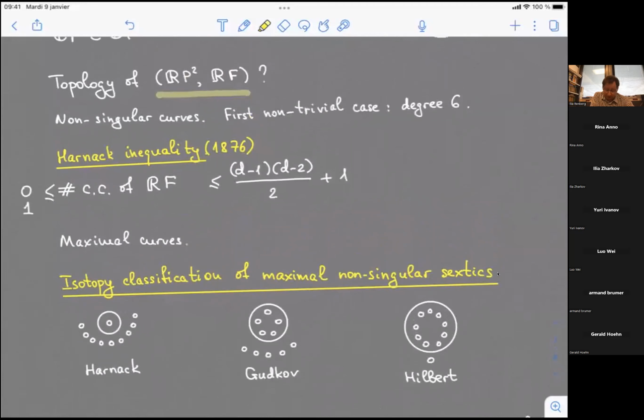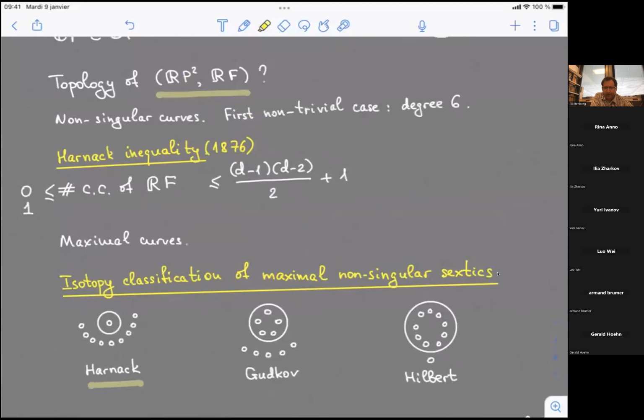And it turns out that there are only 3 possible topological pairs that can be realized by maximal non-singular sextics. Well, first of all, what I am drawing on these pictures. If you consider just one circle embedded in RP2, you have two different topological ways to embed a circle in RP2.